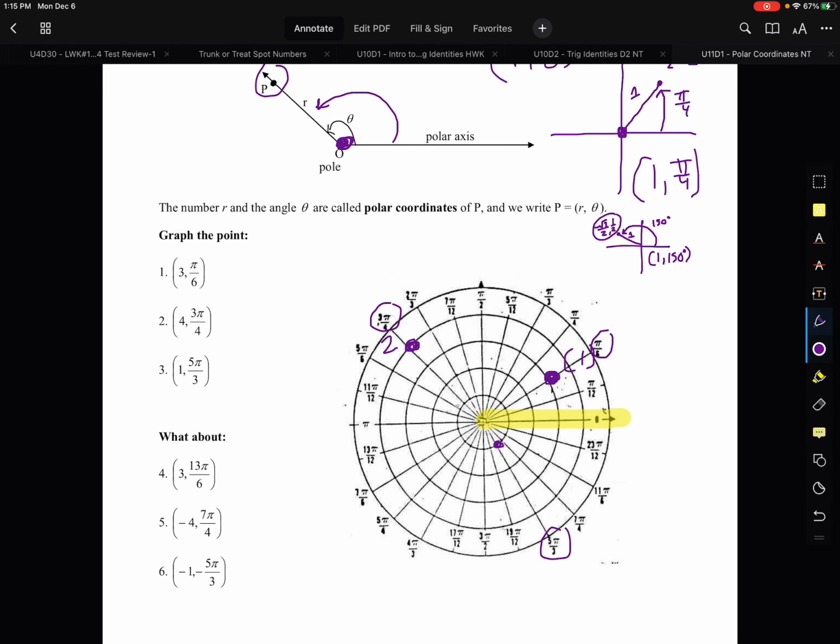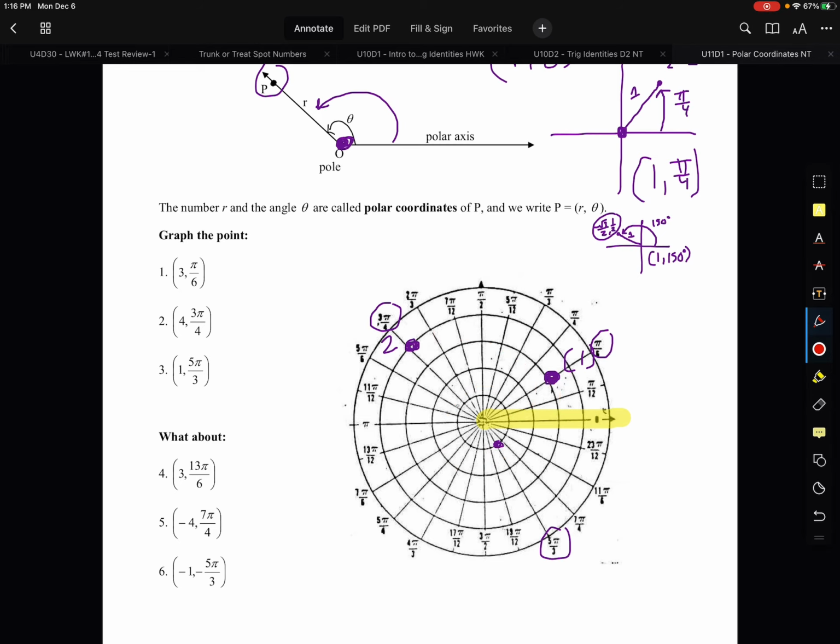Right there. So there's our 1, comma, 5 pi over 3. And the idea is for all these points, what's happening? We're starting here, we rotate pi over 6 radians, and we're 3 units away. We start here, we rotate 3 pi over 4 radians, and we're 4 units away. For this one, we rotate almost all the way around, and we're 1 unit away from the origin.